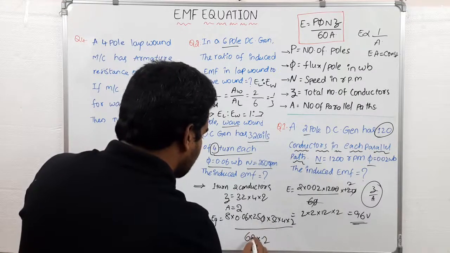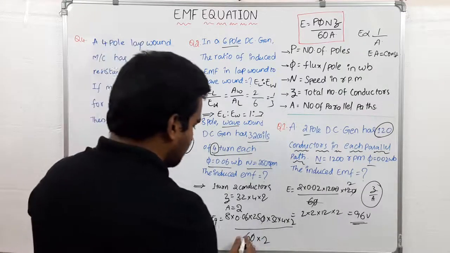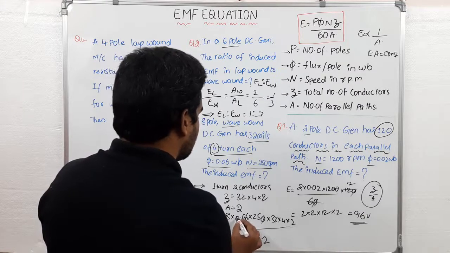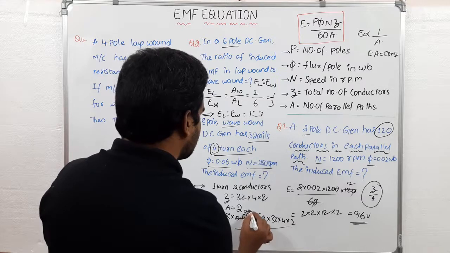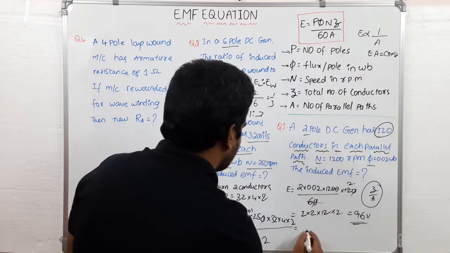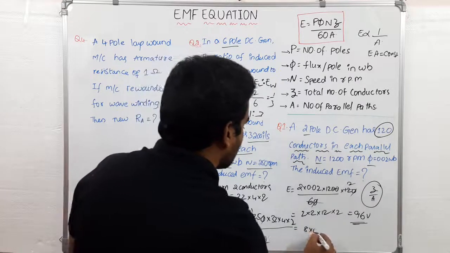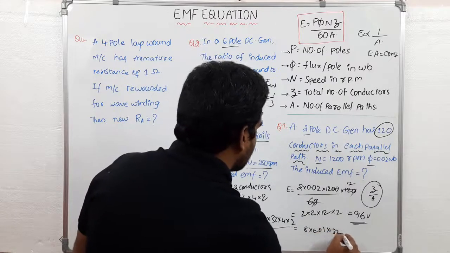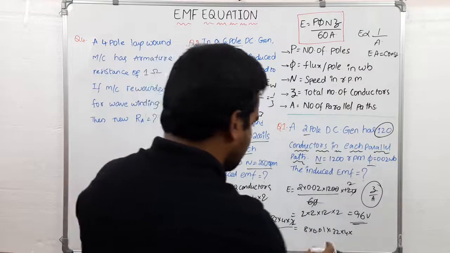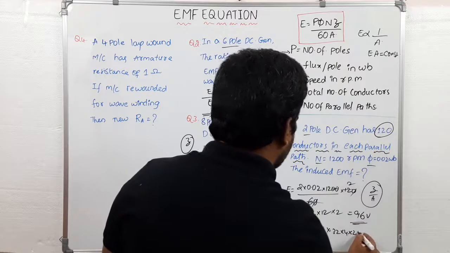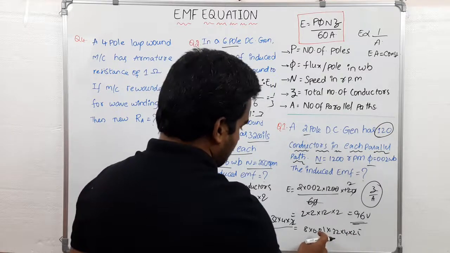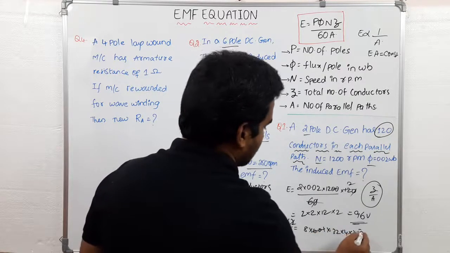We'll cancel this one and 6, and this will be 0.01 times the remaining terms: 8 into 0.01 into 32 into 4 into, these 2 will get cancelled, into 250. 4 25s are 100, and that 100 will get cancelled by this 0.01.